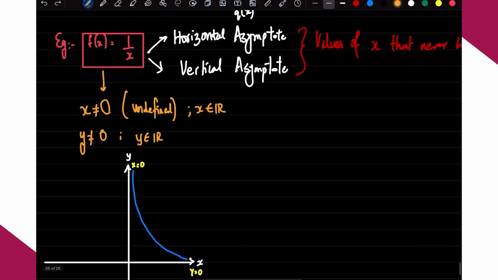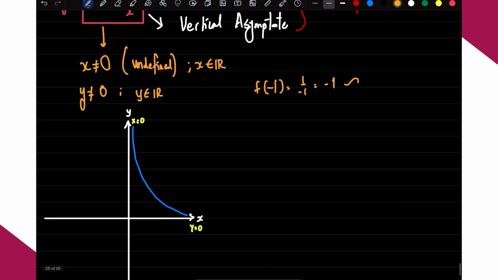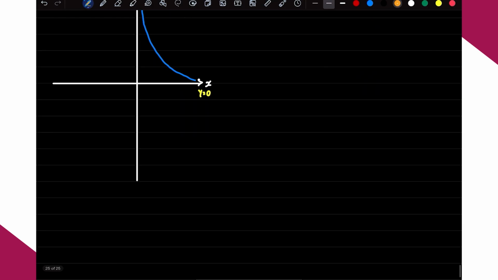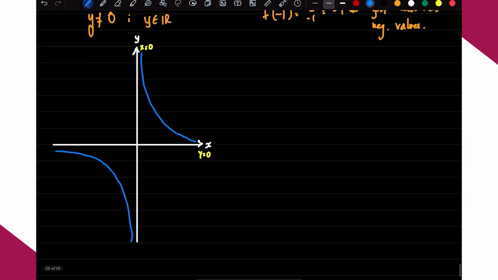For example, you could have f of negative 1 is 1 over negative 1, which is negative 1. So the graph also has negative values, right? What turns out is we're going to have a mirror image of the positive side on the negative side of the graph as well. This is what the function looks like. If I were to use graphical software to represent this, this is what the graph would look like, all right?